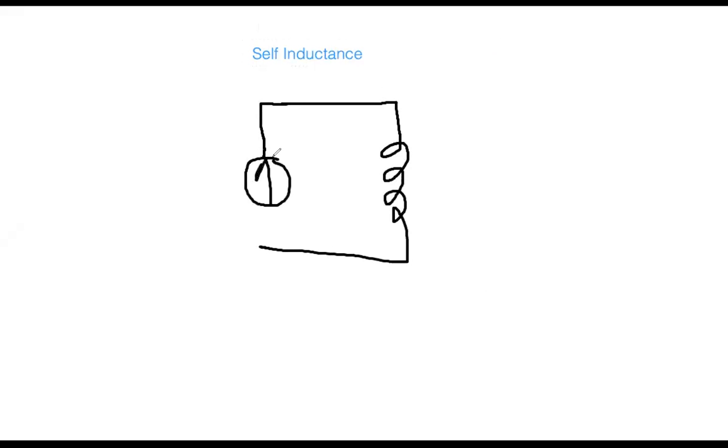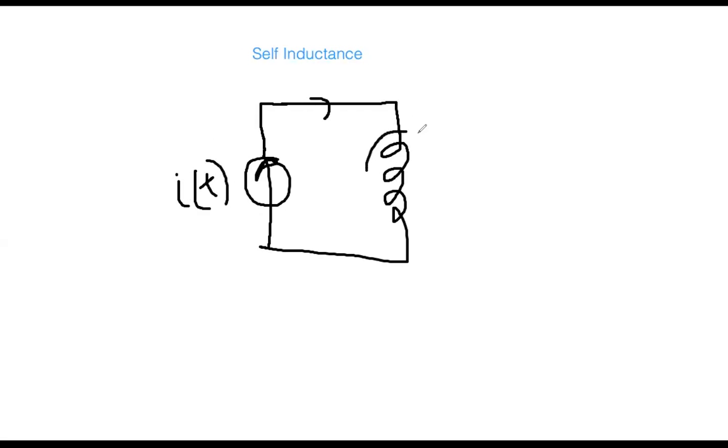Some current, which is I, is flowing through that coil. So what is the effect? What is the consequence of flowing any current through any coil?